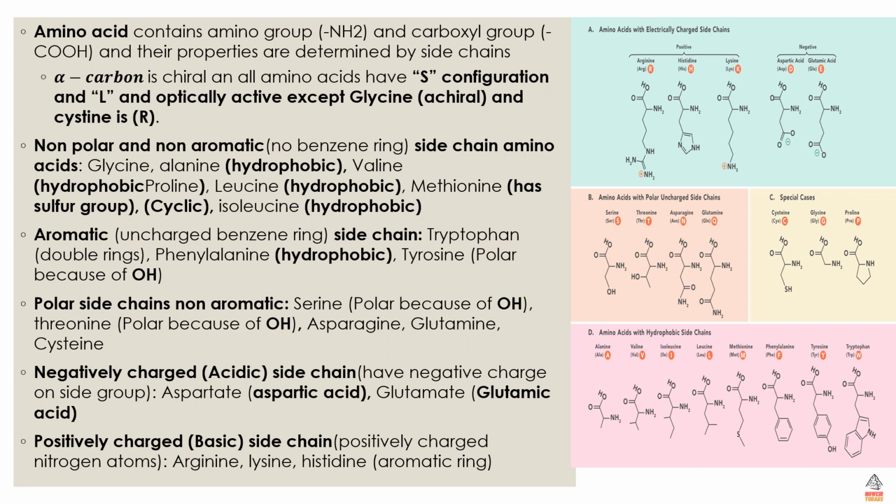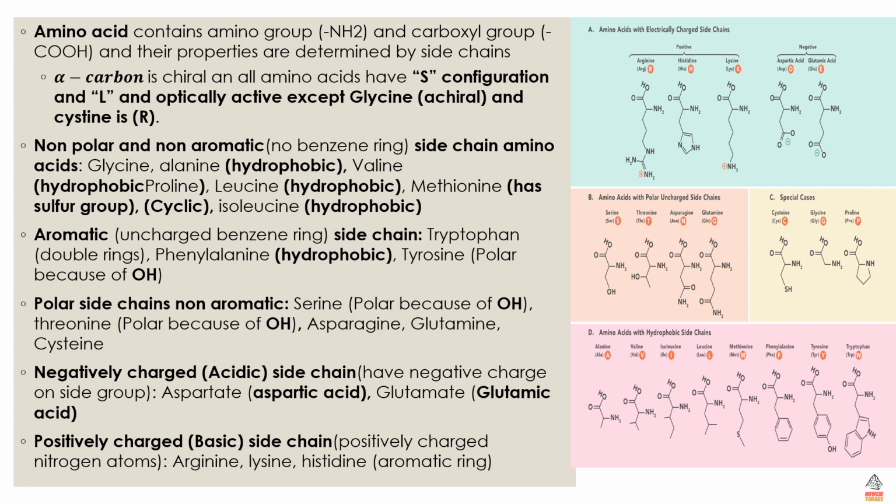Now, amino acids have an alpha carbon, which is the chiral carbon on all amino acids, and they have S configuration and L configuration and are optically active. Chiral means a center carbon connected to a lot of important chains or groups.